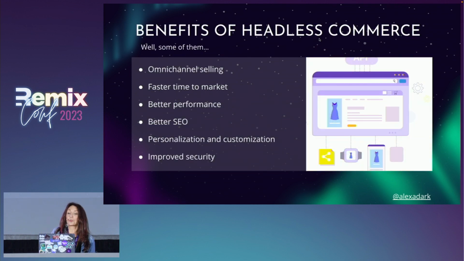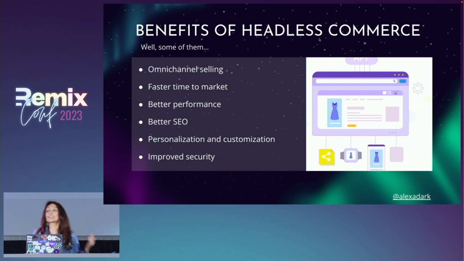The benefits of headless commerce are huge. It allows for omnichannel selling, faster time to market, better performance, which leads to better SEO, personalization and customization, improved security, and certainly many more things. However, this can come with increased development complexity.